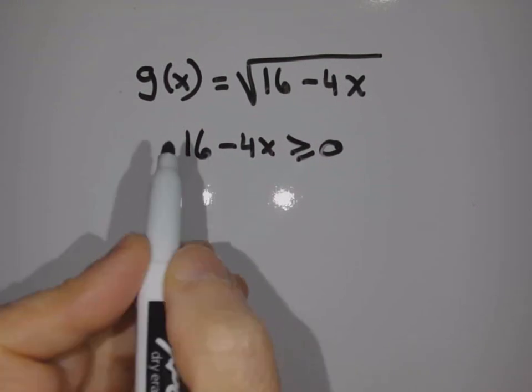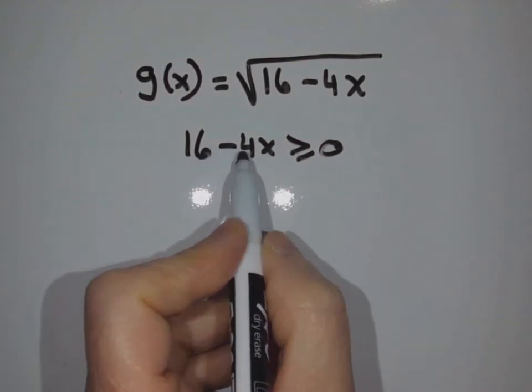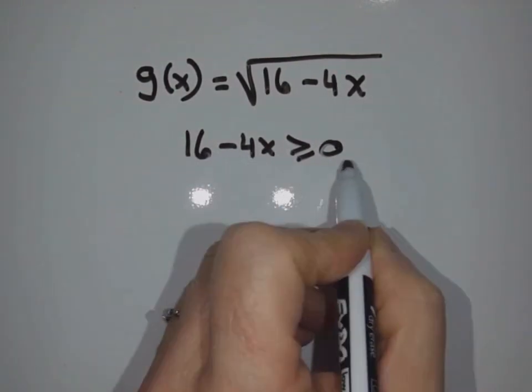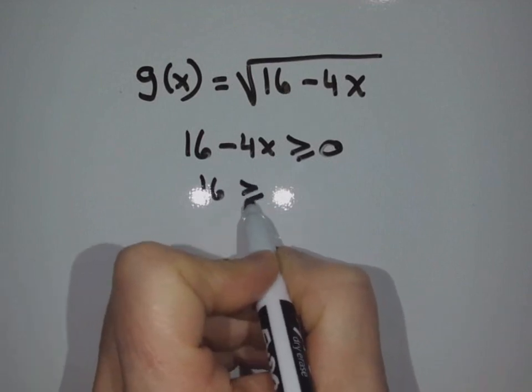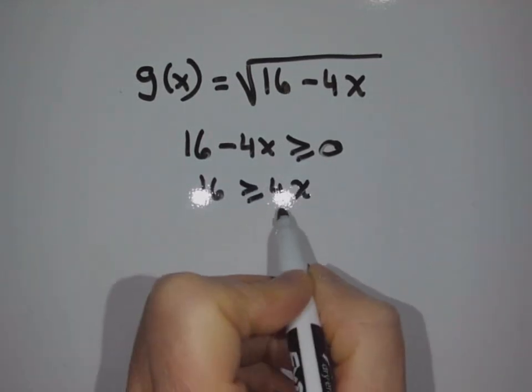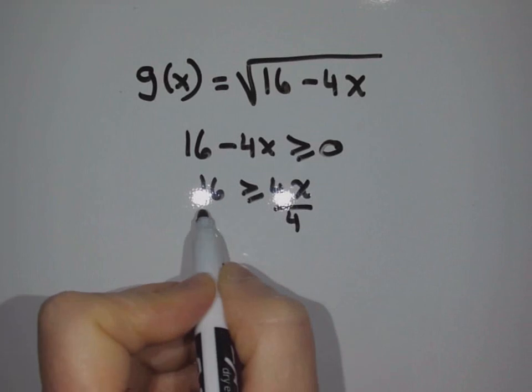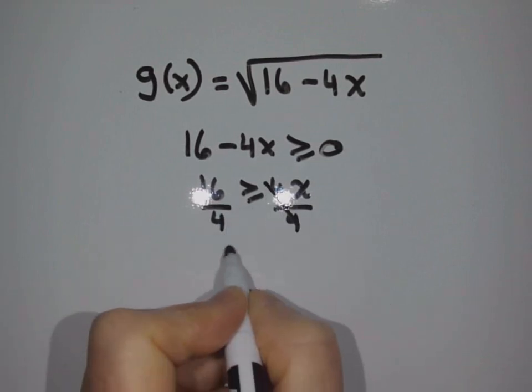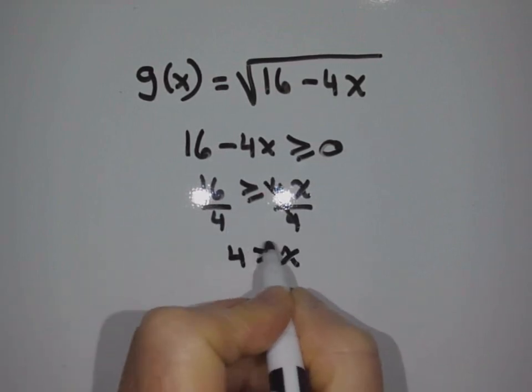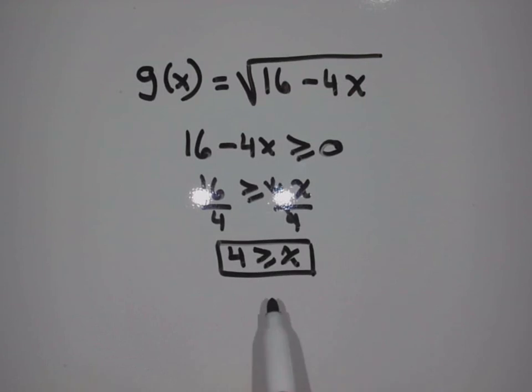That has to happen. So let's solve for x. I'm going to add 4x to both sides. And then I'm going to divide by 4 on both sides. And therefore I have 4 greater than or equal to x.